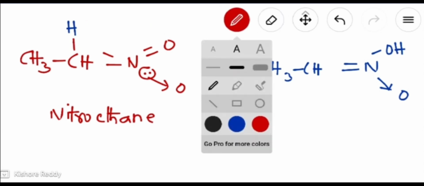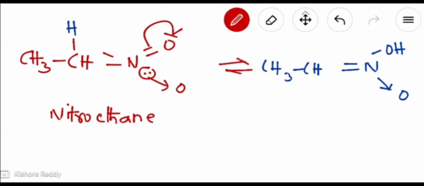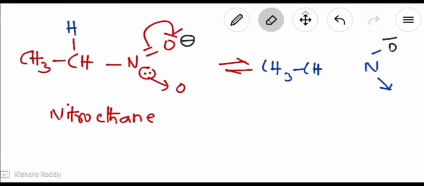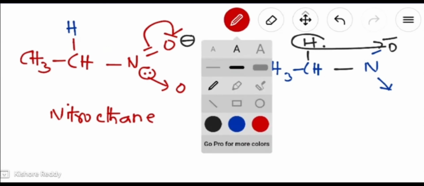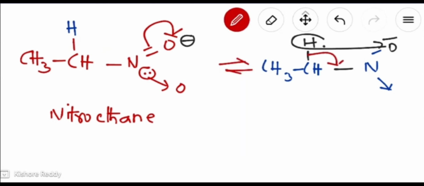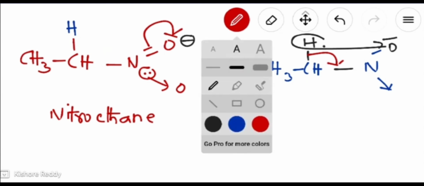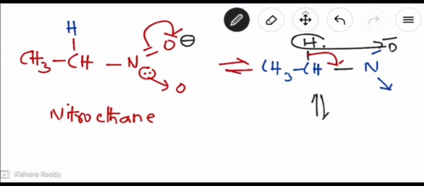First step, oxygen, being more electronegative, takes this pair of electrons towards itself and gets a negative charge. Now we can write it like this, keeping this O minus. Next, one proton will be taken by this. So from here only H plus, then this bond will come to this. Are you able to understand? So now what will happen to this?